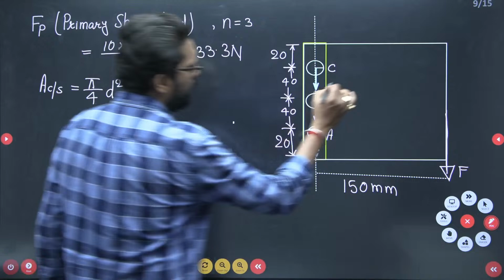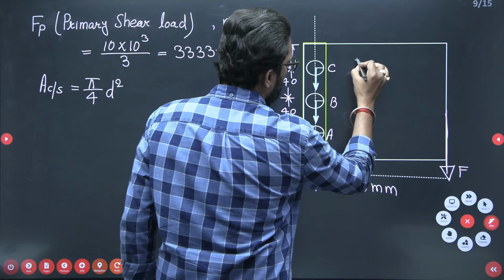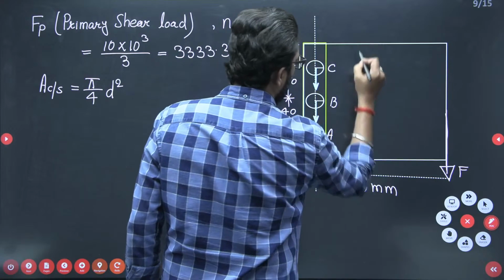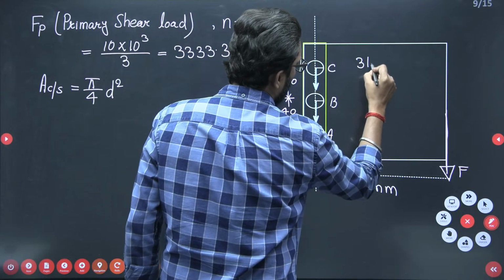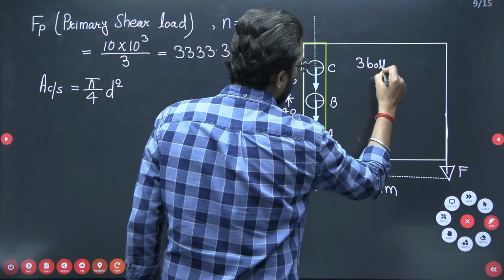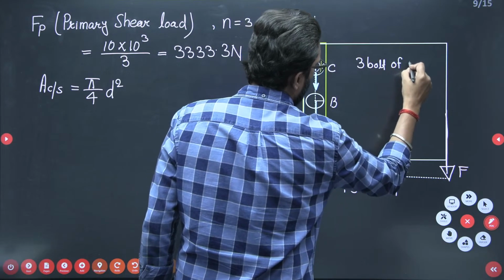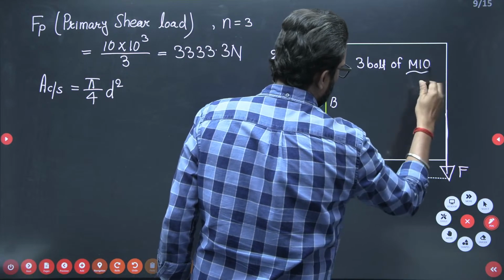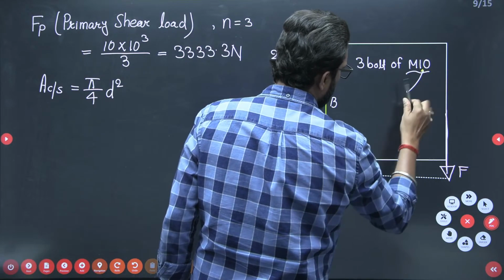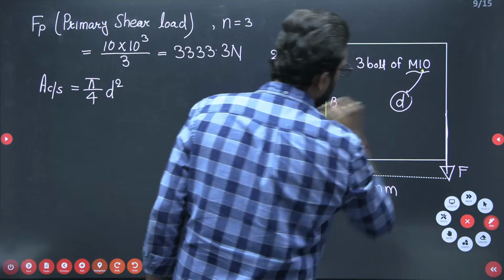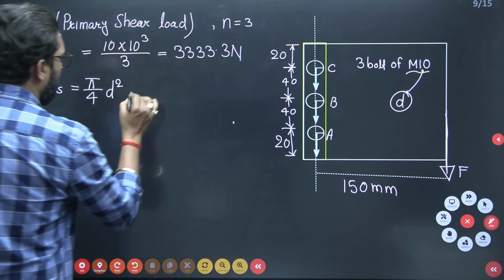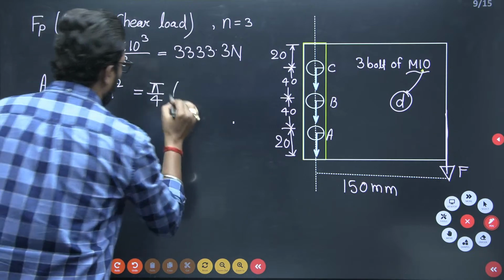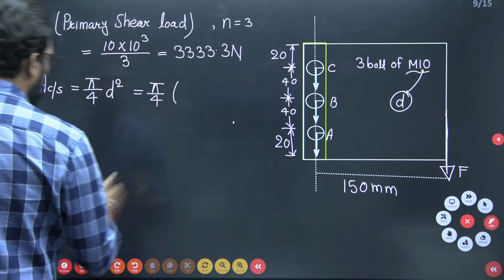So here, 3 bolts of M10. This 10 is the diameter of the bolt in mm, so pi by 4 into 10 to the power 2.